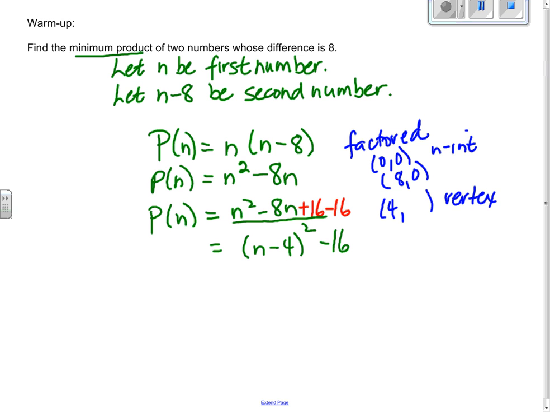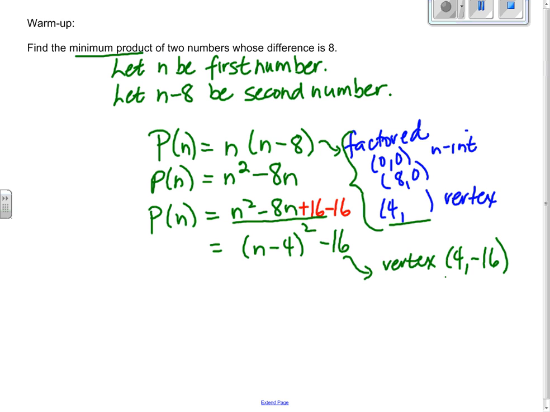So from the first form, I can find my vertex. I haven't quite finished yet, but I could. Or from this form, I can find my vertex, which is exactly (4, minus 16).